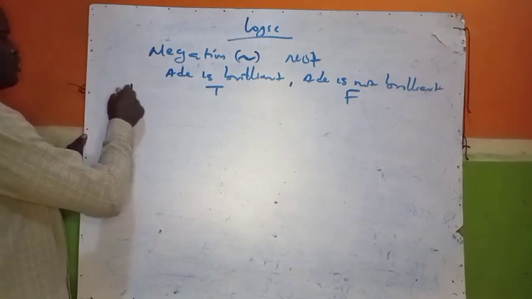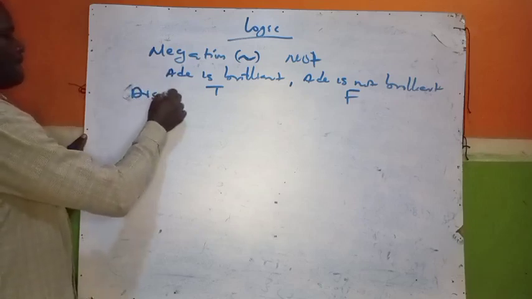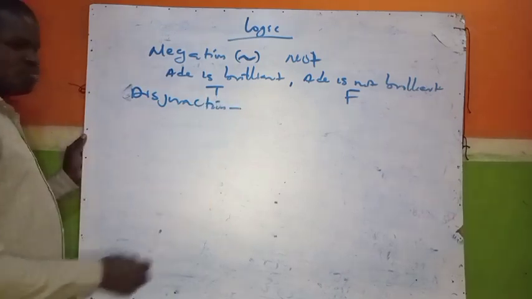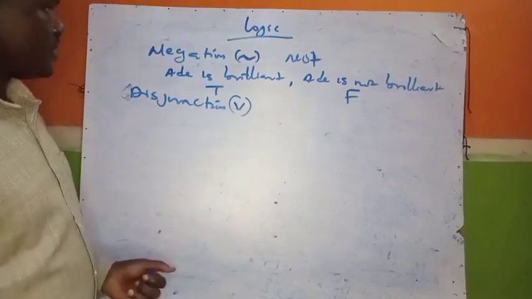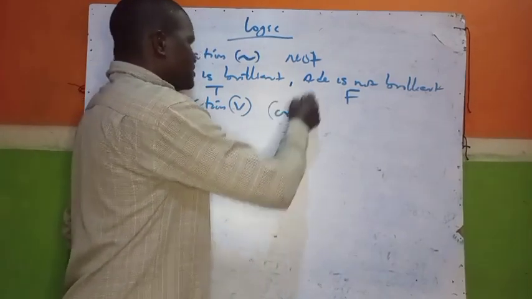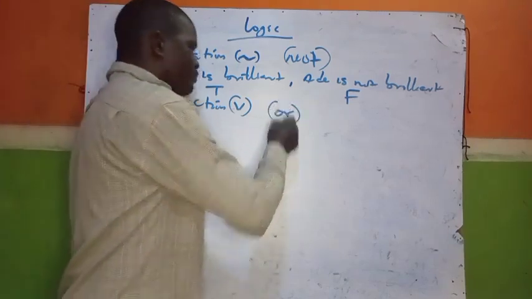So look at another thing. You have what you call disjunction. For disjunction, the symbol for it is this, and the word for it is "or." As we have this one as "not," the word for it is "or."